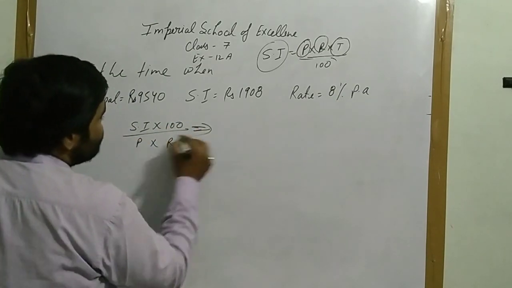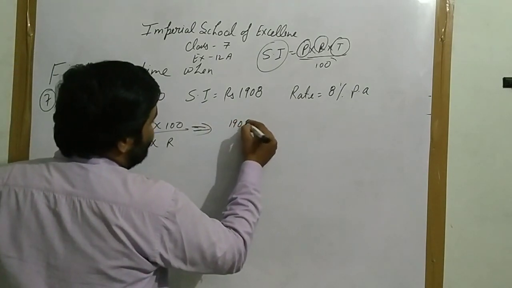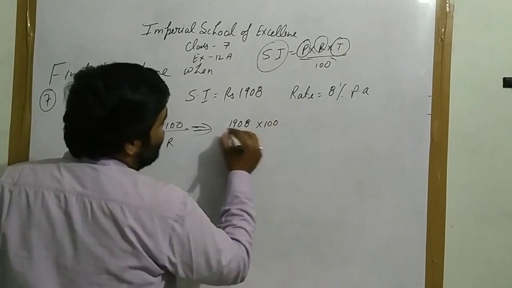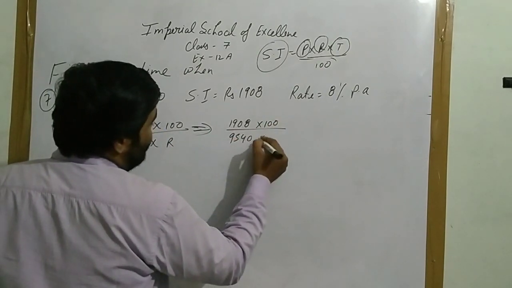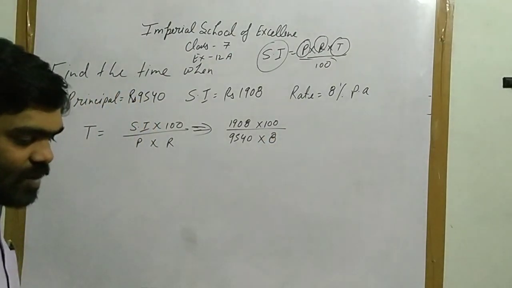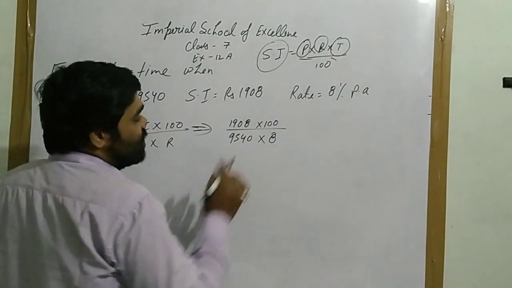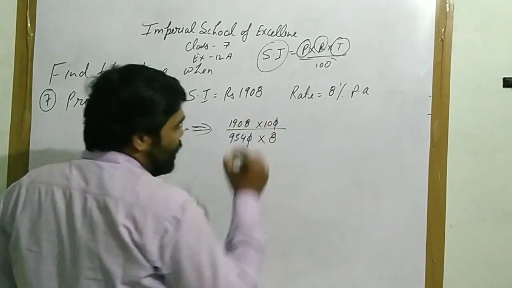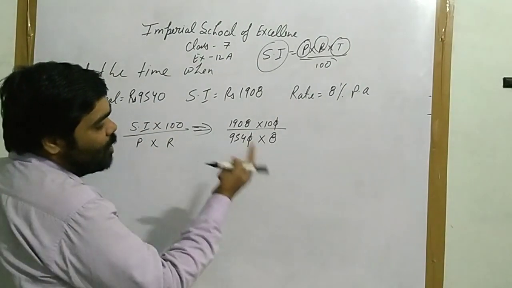So SI given 1908 into 100 upon principal 9540 multiplied by 8. Now you have to solve this. 1 and 1 cancel. 1908 upon 954 into 8.